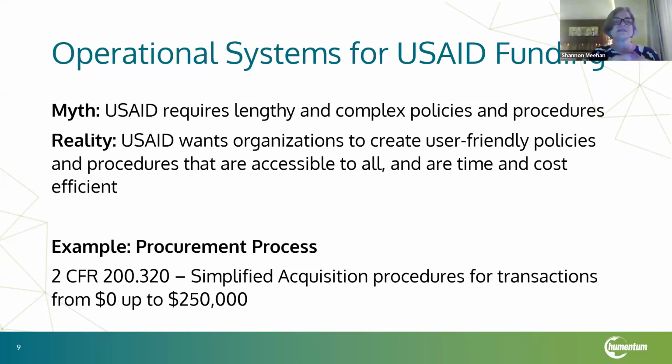The US government does not expect heavy, lengthy procurement procedures from 0 up to 250,000. They expect simple procurement procedures. And what does simple mean? It means you do an internet research. You get in the car locally and you run around the market and you look at things and you write down the prices from different vendors or suppliers.